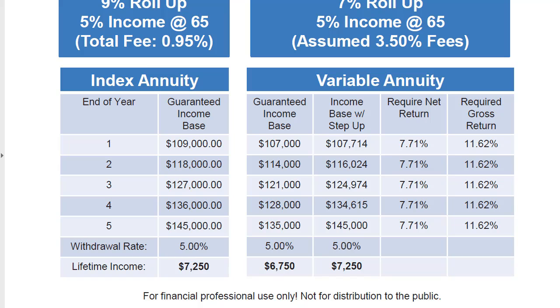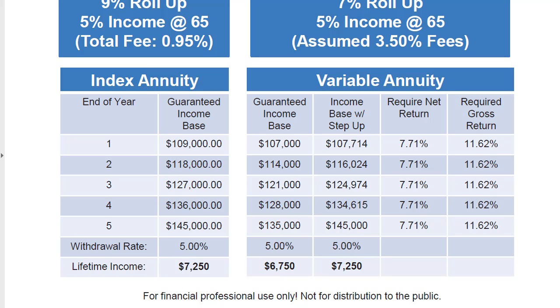Be aware that all of these numbers can change. If we had joint life individuals and the withdrawal factors change, if we're deferring for 10 years instead of 5, if we're taking income in 2 years instead of 5, all those different pieces are variables that will change the overall outcome. It'll change the overall requirements that we would need to get inside of our variable annuity.